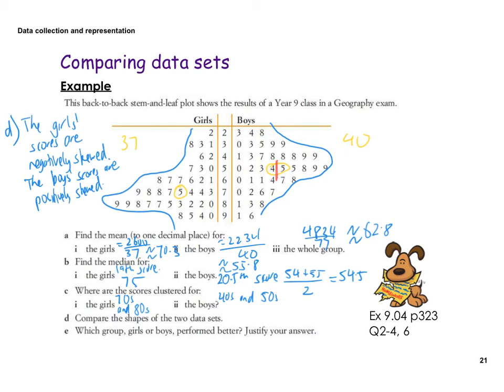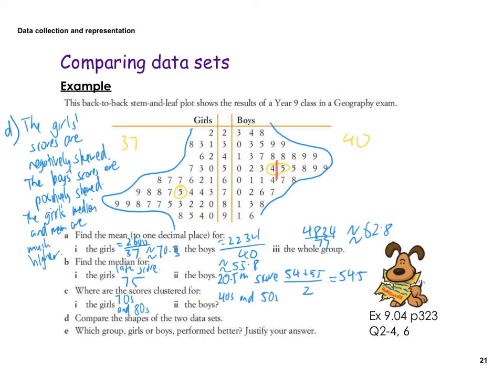You can also see that the girls have quite a higher mean and a much higher median as well than the boys. So higher mean and median. So the girls' median and mean are much higher.